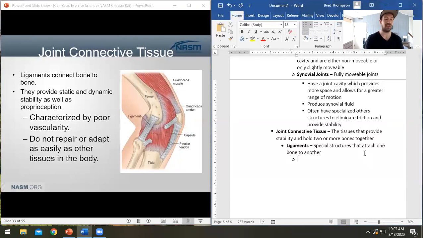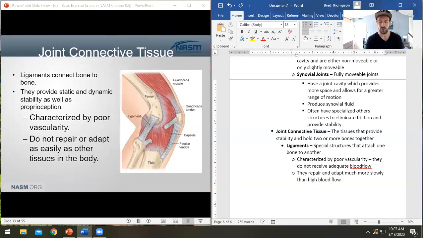Things that we need to know about ligaments: they are characterized by poor vascularity, meaning they do not receive adequate blood flow. So because of that, they repair much more slowly. They repair and adapt much more slowly than high blood flow tissues.